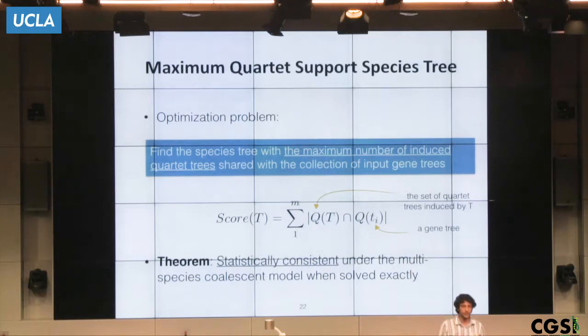So it's basically the total number of quartet topologies in all the gene trees that match the species tree. It's what you have called the weighted quartet score in your papers, right? So it's the max over capital T. This is the score of T, and then the species tree would be the tree that maximizes this score.